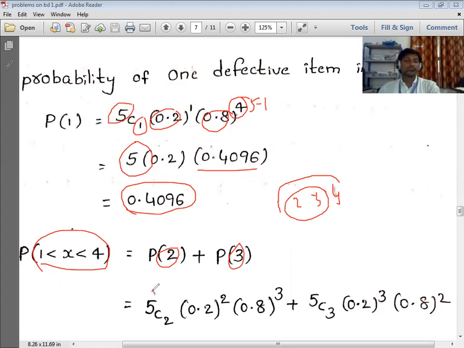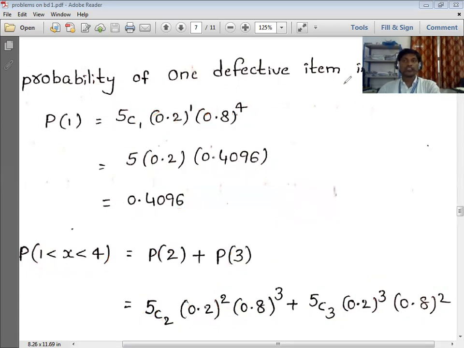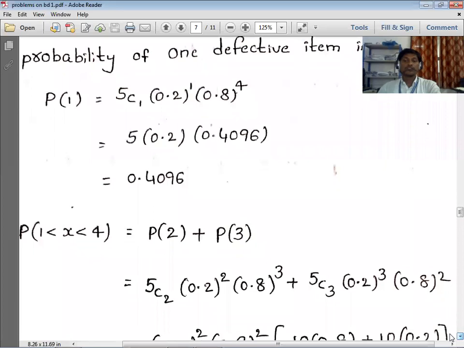We substitute n, x is 2, p, and q whole power 5 minus 2. And next 5C3, with this value of p, this value of q, this is x and this is n minus x. Simply we substituted all these things and then we have to simplify this.